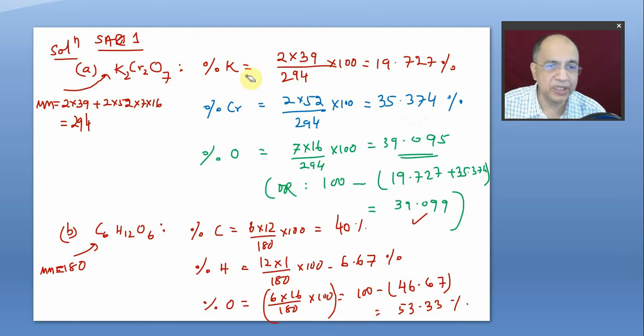So the percentage of potassium by mass is 78 by 294 into 100. So I think the result will be a little different. Let me rectify here. It is 78 divided by 294 into 100. It is 26.53. I'm sorry.